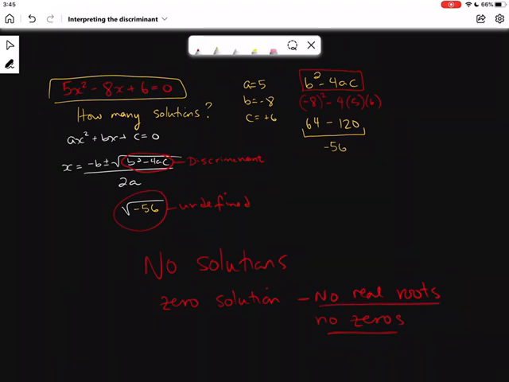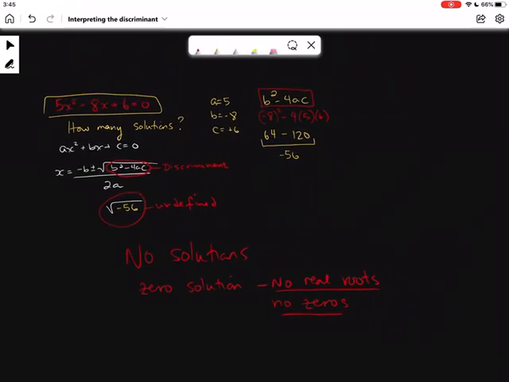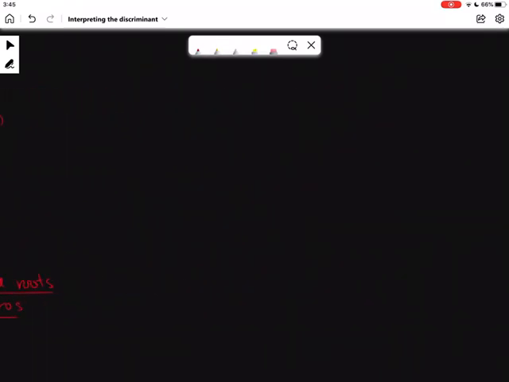Now, let's look at something a little bit different. Let's say I have 2x squared plus 9x take away 2 equals 0. Looking at this equation, how many solutions exist here?